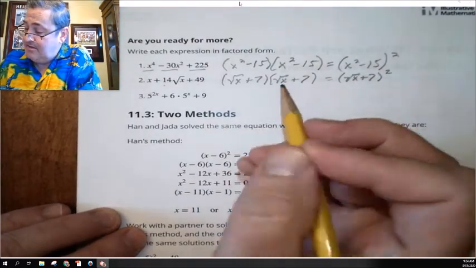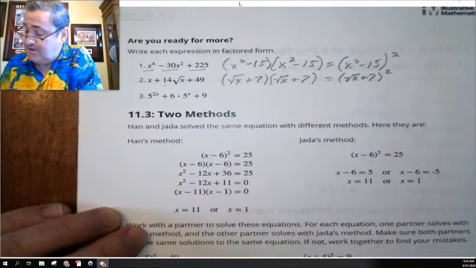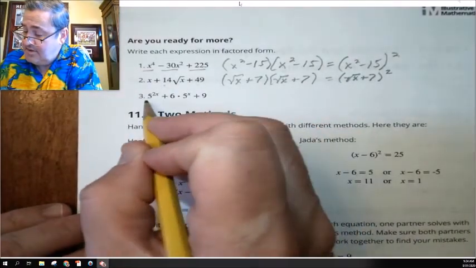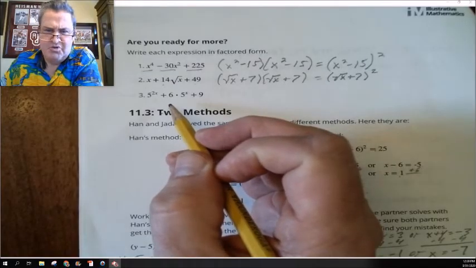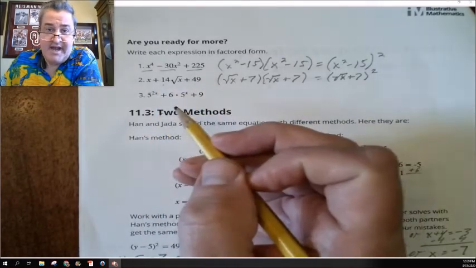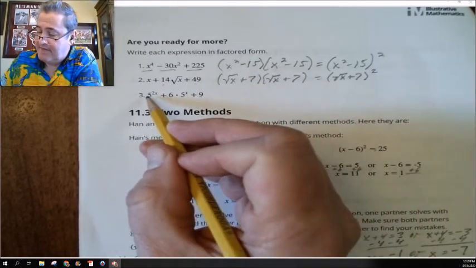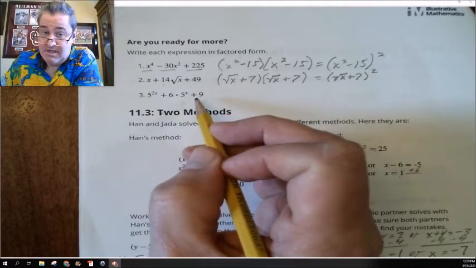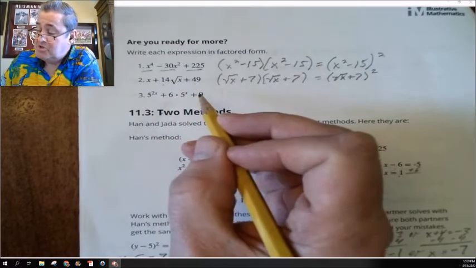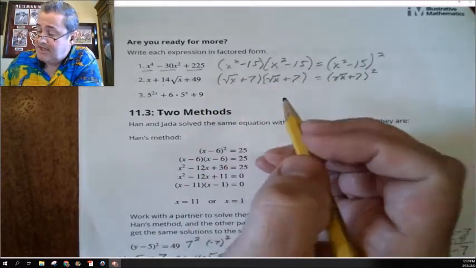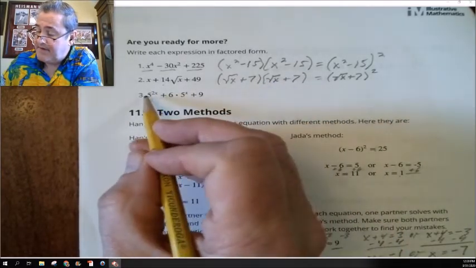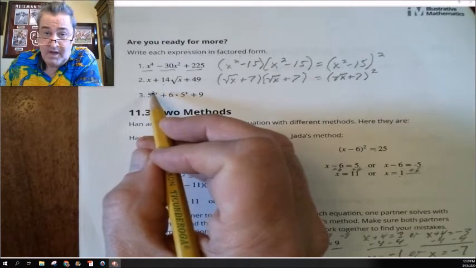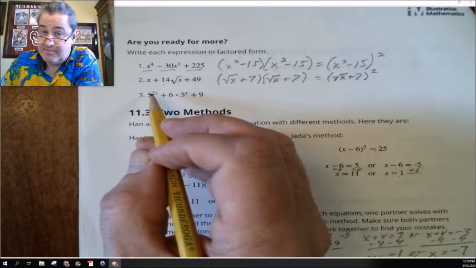All right. So far, so good. But what is going on here? We have x in our exponent this time. So we've got 5 to the 2x plus 6 times 5 to the x plus 9. So will that break out just as easily? Let's see. 5 to the 2x, what would multiply by itself to be that?